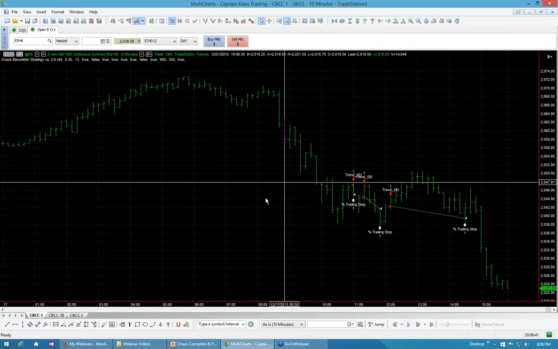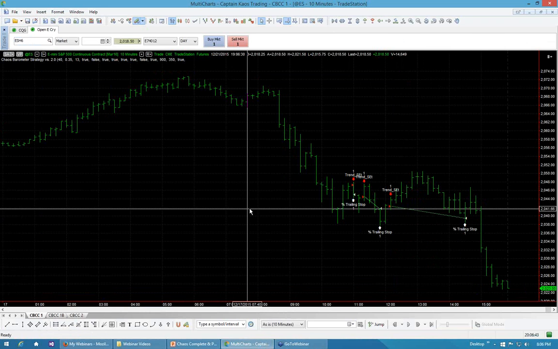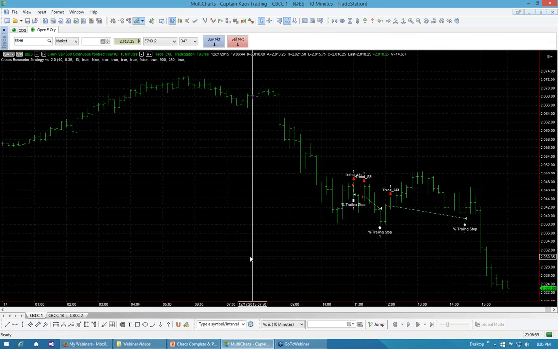So by combining all three of these into one, call it a system portfolio, we mitigated a little bit of the risk because of the different way that each one of these trades, even though they're using roughly the same inputs for the Chaos Barometer.